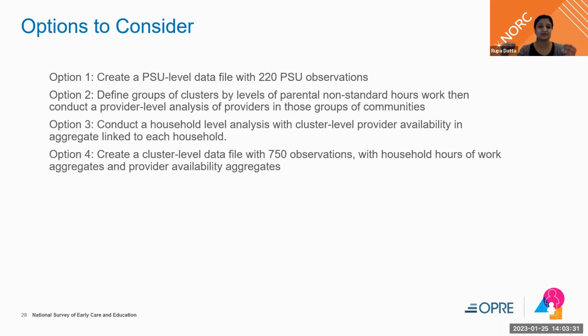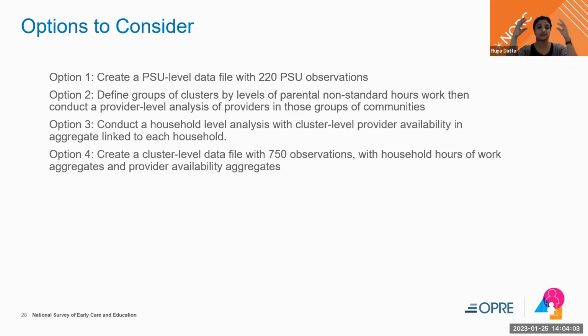So in this case, we have 220 primary sampling units, and for each of them, we would have a summary measure of percent of households that work non-standard hours, or average night hours worked by parents or something like that, and then a summary provider measure, you know, percent of providers in the PSU that are open weekends or something like that.